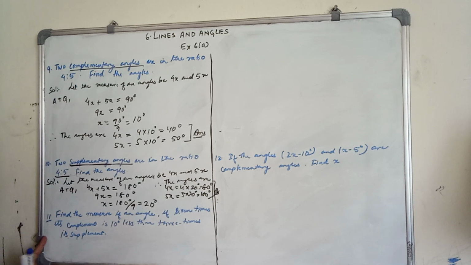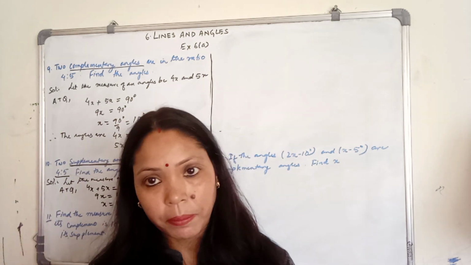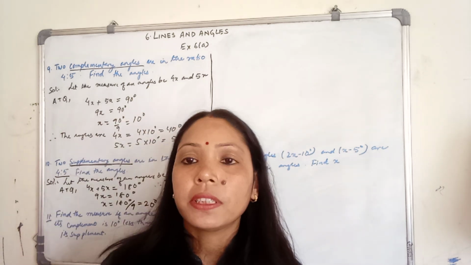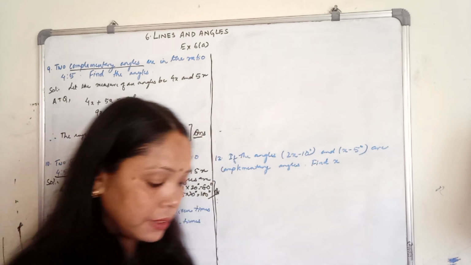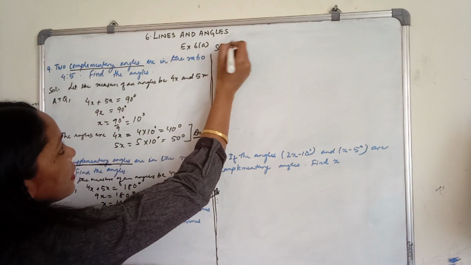Now question number 11. Find the measure of an angle if 7 times its complement is 10 degree less than 3 times its supplement. So in this question we have both complement angle and also supplement angle. So see how to solve this type of question. Solution.